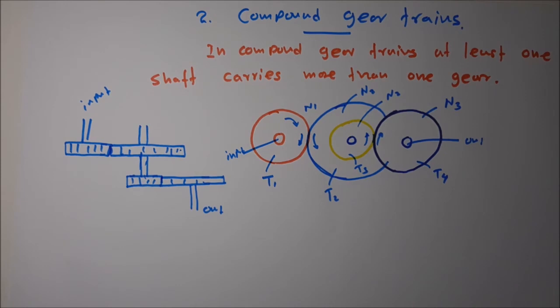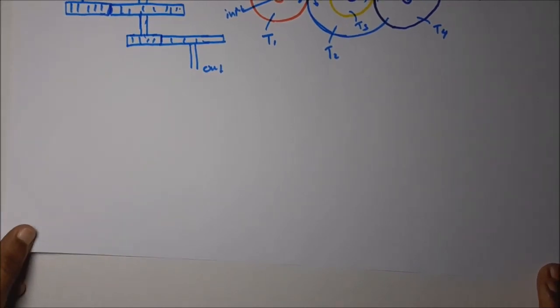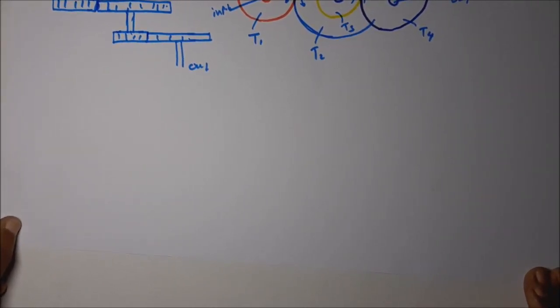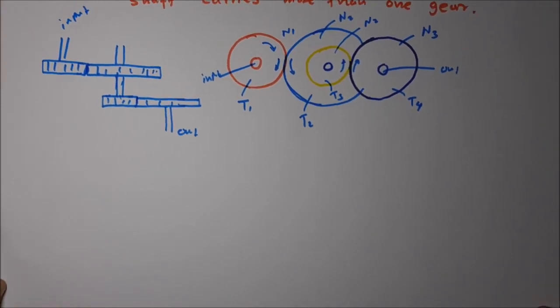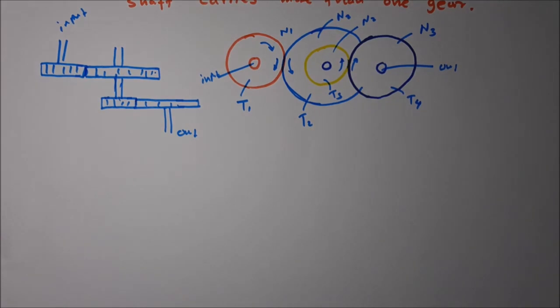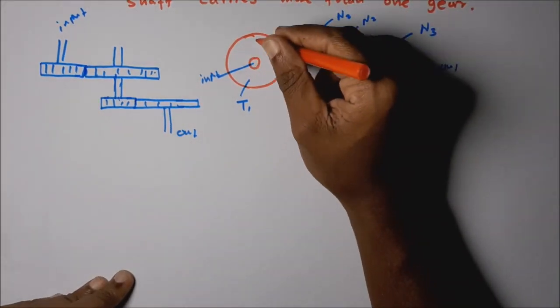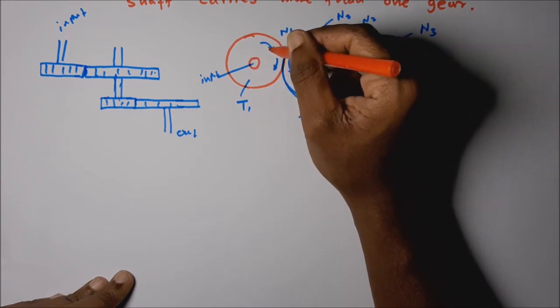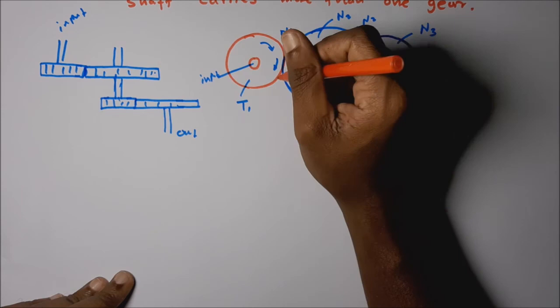In the same way we can find the speed ratio using that method. Here we are going to find the speed ratio for this gear train. This produces n1 revolutions, and its circumference has t1 teeth.